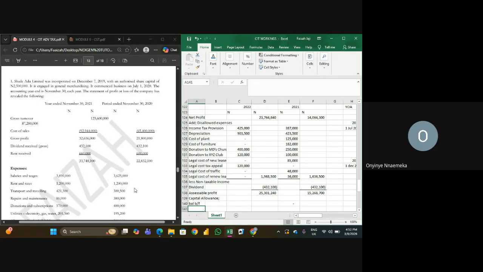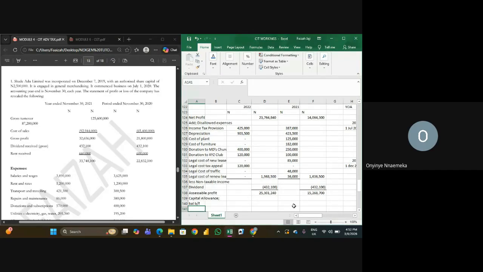In the ICAN pack, they refer to adjusted profit as assessable profit, like they use it interchangeably. But how I was taught is, adjusted profit first. When you less loss, you get assessable profit. When you less capital allowance, you get chargeable profit.